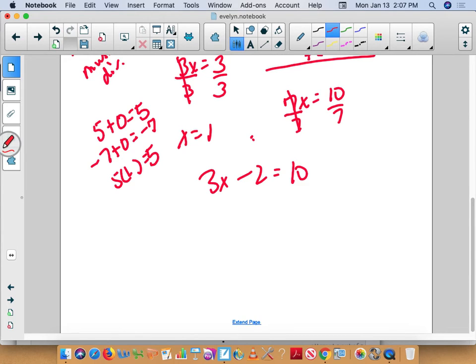Okay, before we even start, would y'all agree the answer to this is 4? What's 3 times 4? 12. Minus 2? 10. So I should get 4 when I finish. To get rid of a 3x minus 2, doesn't minus mean subtraction? How do you get rid of subtraction? With addition. So I add 2. That's gone because that makes 0. So on this side I have 3x equals 12.